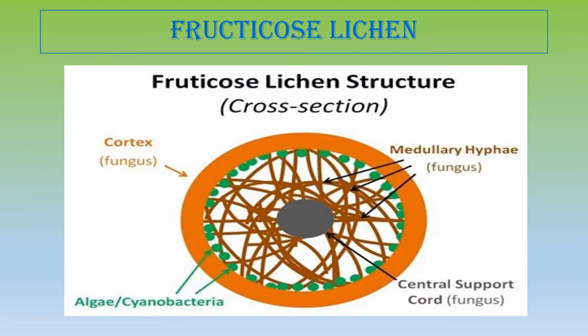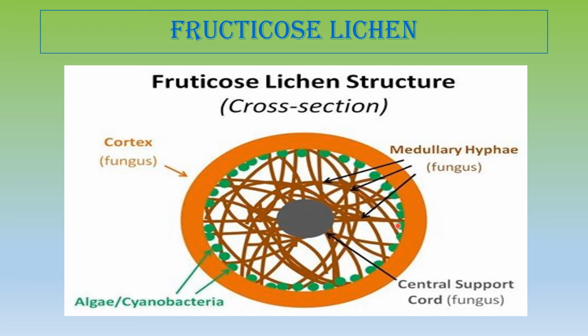As we see, the outer orange color is the cortex. This cortex is composed of fungal hyphae that are closely appressed or adhered to each other, and on the next layer we see algal cells. This is the algal layer, and the algal layer contains either green algae or cyanobacteria, or a mixture of both.